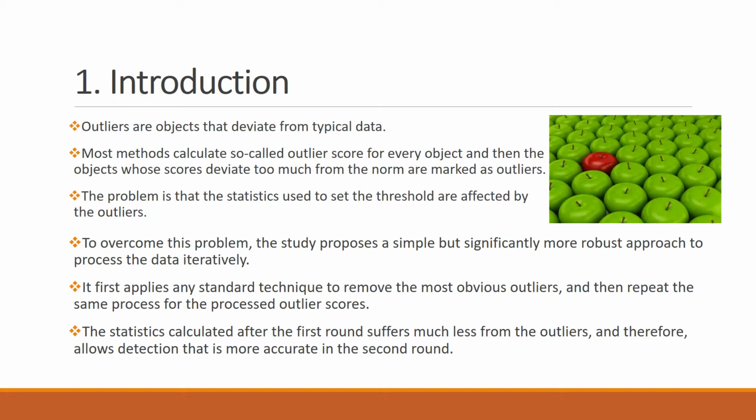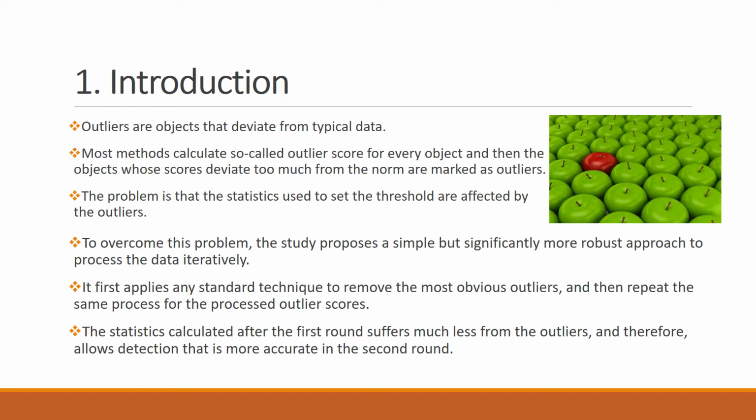However, it is known that using simple statistics can cause false positives. Standard deviation, median absolute deviation, and interquartile range (IQR) are the most used techniques for determining the range. The problem is that the statistics used to set the thresholds are affected by the outliers themselves.